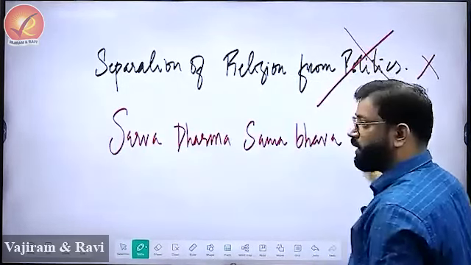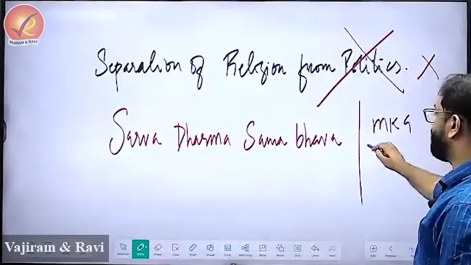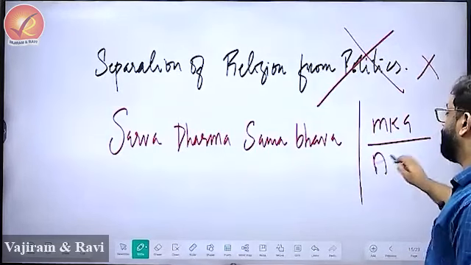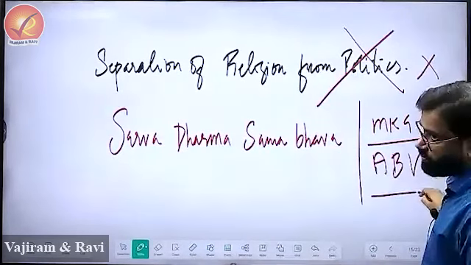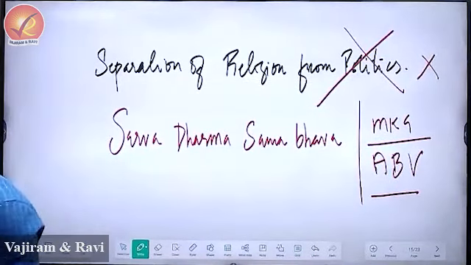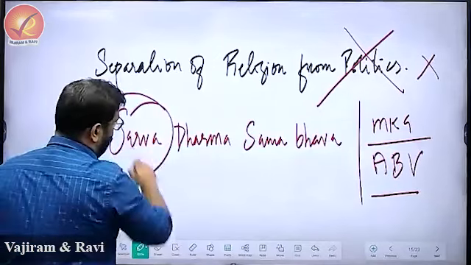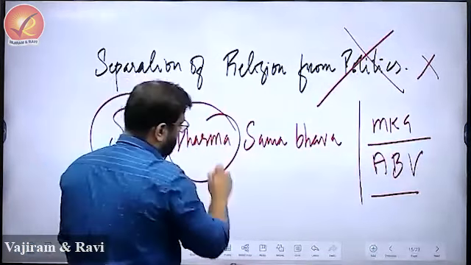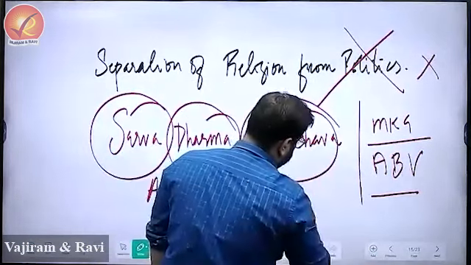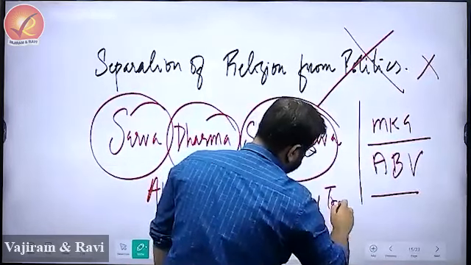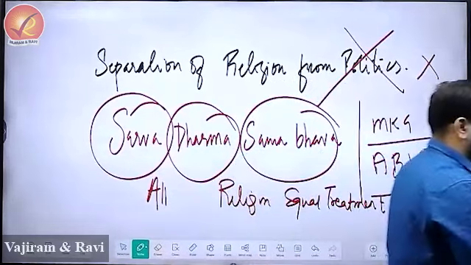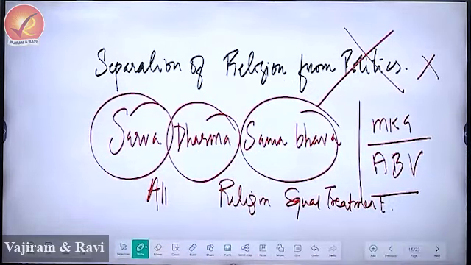Another term given by Mohandas Karamchand Gandhi, but made famous by one of the greatest leaders we had, Atal Bihari Vajpayee. Two of the greatest leaders we had. Sarva means all, Dharma means religion, and Samabhava means equal treatment. So what is Indian secularism? That all the religions are to be treated equally.